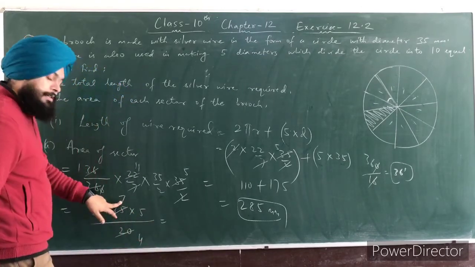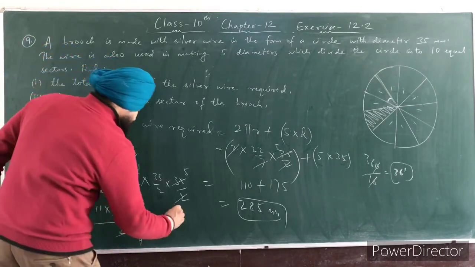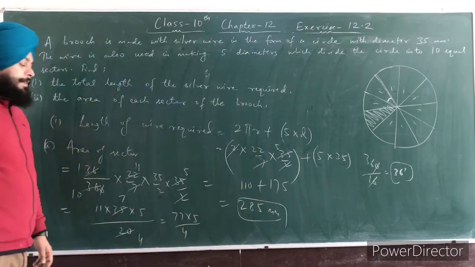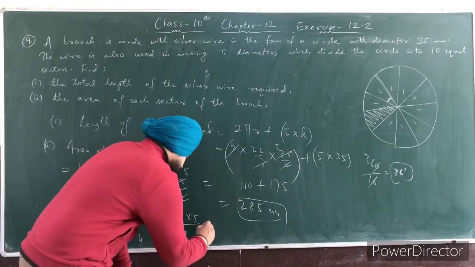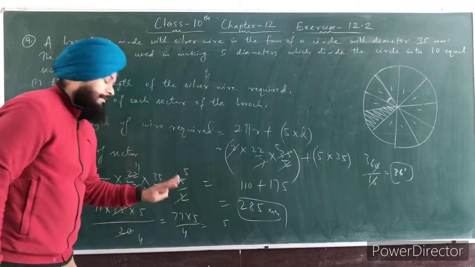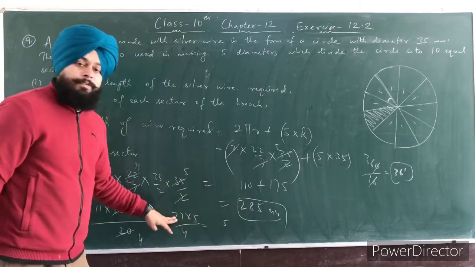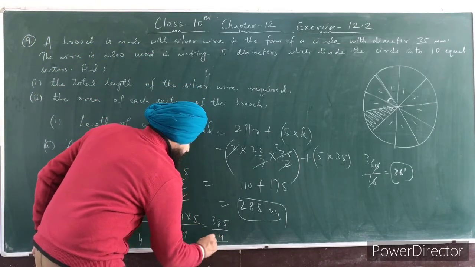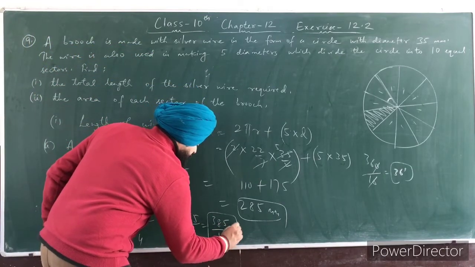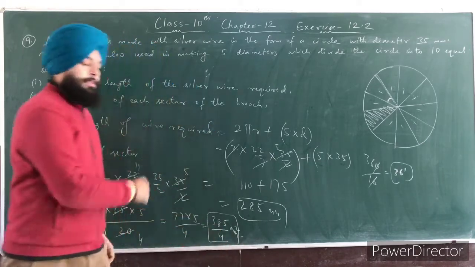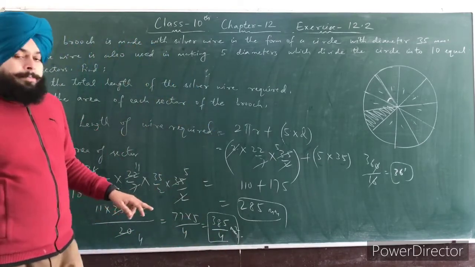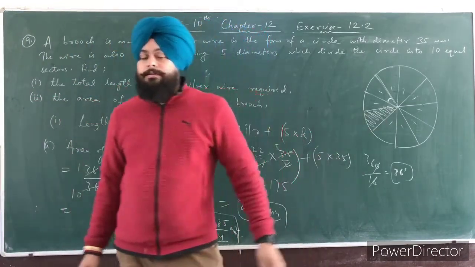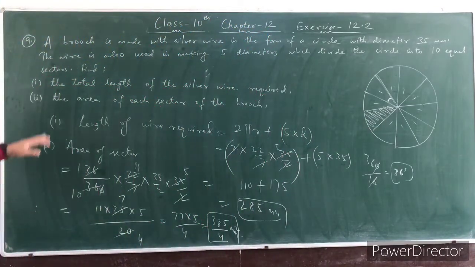Now 11 7s are 77 into 5 over 4. 77 5s are how much? 5 7s are 35, 3 carry, 5 7s are 35, 35 plus 3, 38. 385 by 4 millimeter square. So 385 by 4 millimeter square is the area of each sector. Clear, students? So this is your question number 9.